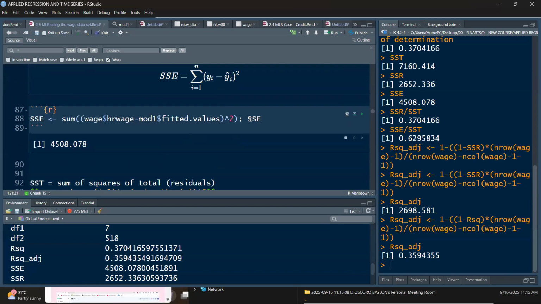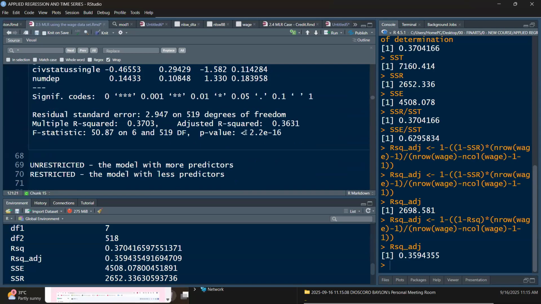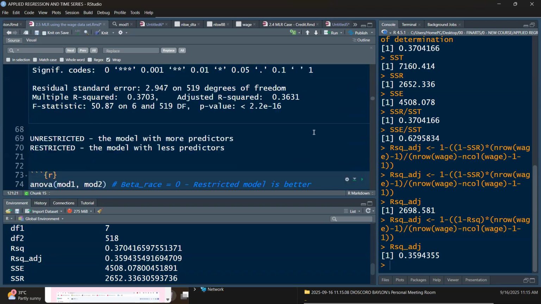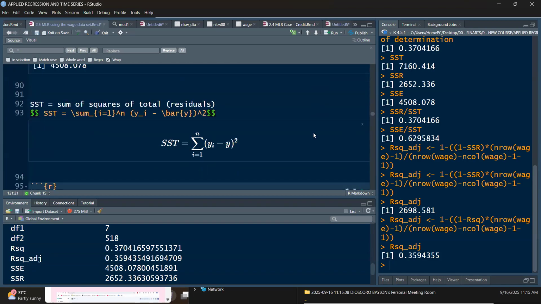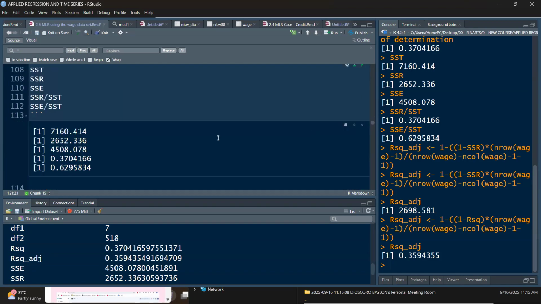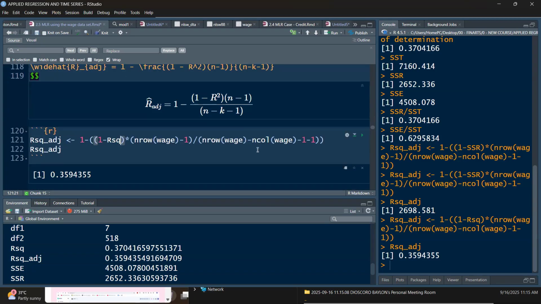So there's a slight discrepancy, I don't know why. It should not be that far away. Anyway, class, we will not check at this moment why it's 35.94, but this is the formula for adjusted R squared: 1 minus the quantity 1 minus R squared times n minus 1 divided by n minus k minus 1. So I think I have the correct formula.